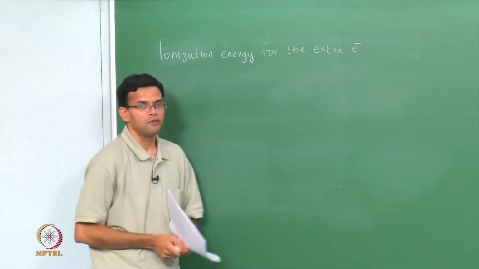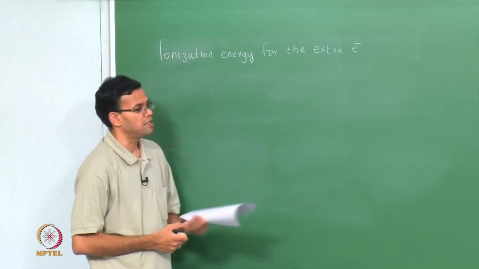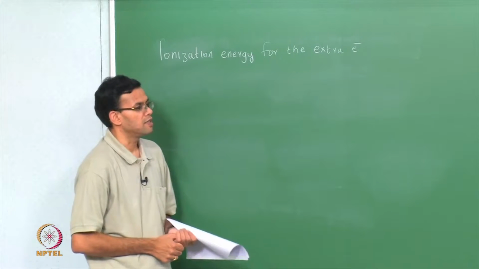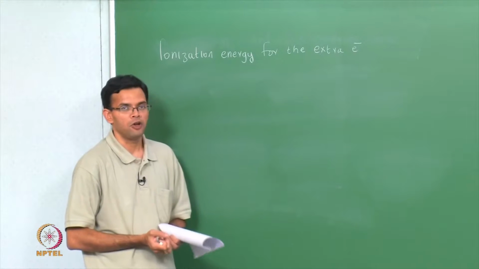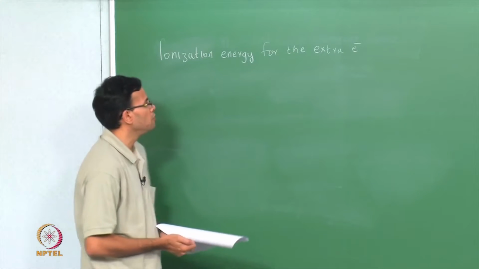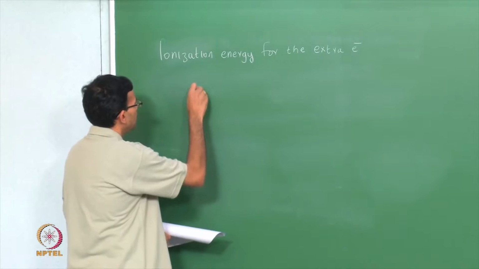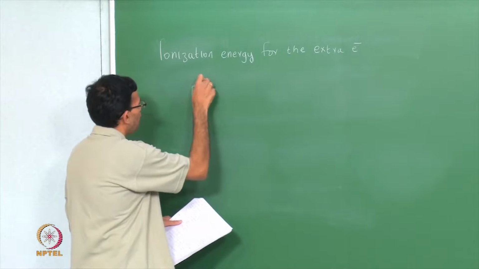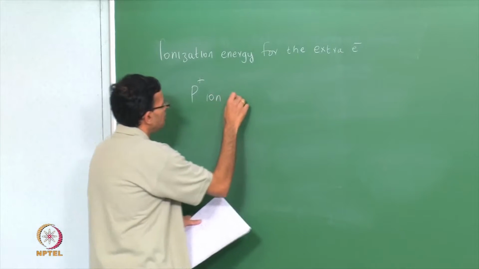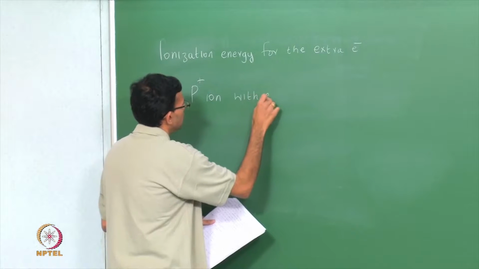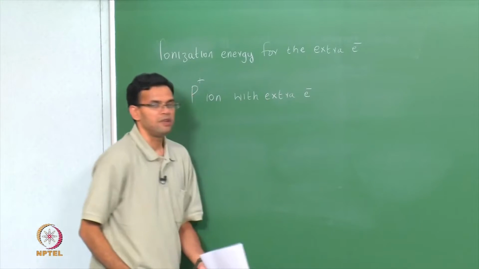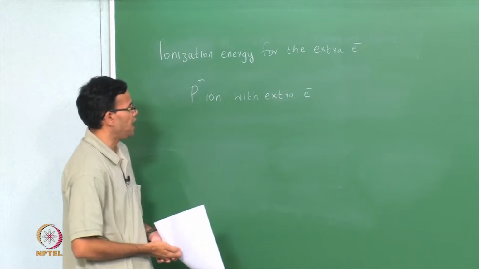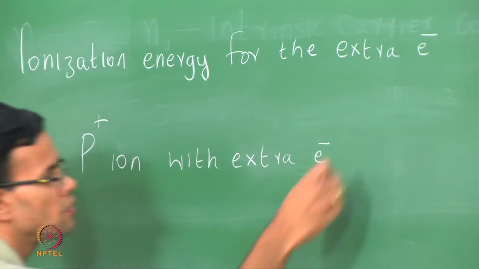So, one, we can do a very precise energy calculation to find this energy. We can also do a more easier back of the envelope calculation. To do that, we simply say that we have phosphorus ion with one extra electron, and we will treat this as a hydrogen atom with one electron.